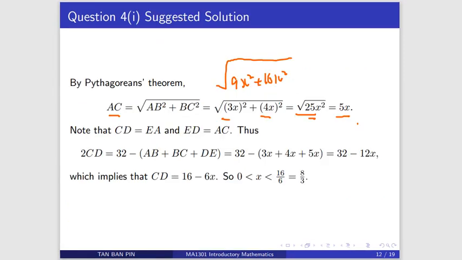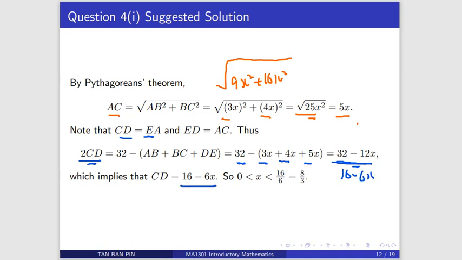So you can say 2 times CD, because CD and EA are the same length, is 32 minus 3x minus 4x minus 5x, so it's 32 minus 12x. Then divide by 2, and it gives you 16 minus 6x.